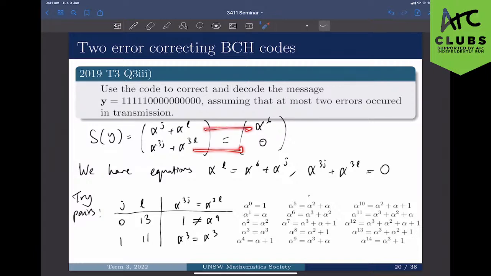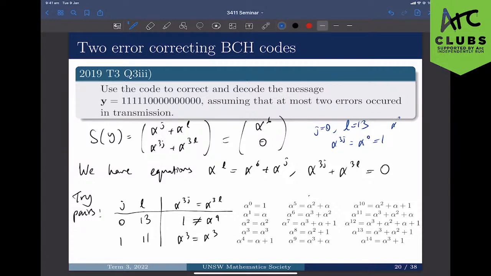So here we have these two equations, and at this point, in order to find what J and L are, we just have to do some trial and error and see what fits. We first start at J equal to 0 and L equal to 13. When J is 0, L equals 13, alpha to the power of 3J is obviously alpha to the power of 0, which is 1.